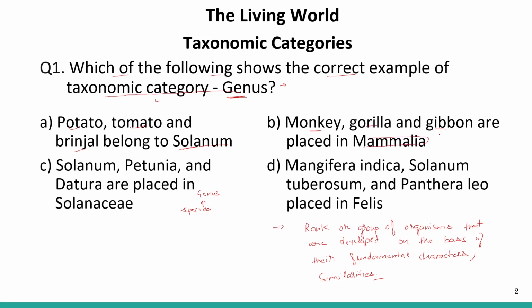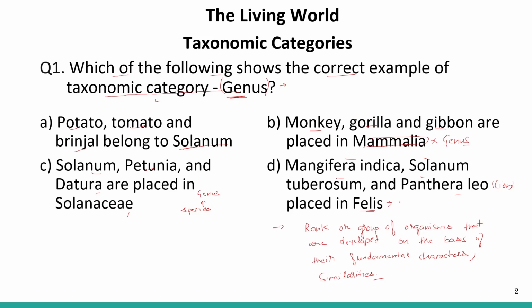Mammalia is not a genus, but we are talking about the taxonomic category genus here. Again, the third option is Solanum, Petunia and Datura are placed in Solanaceae. The next option is Mangifera indica, which is mango, then Solanum tuberosum, potato, and Panthera leo, this is lion, are placed in Felis.